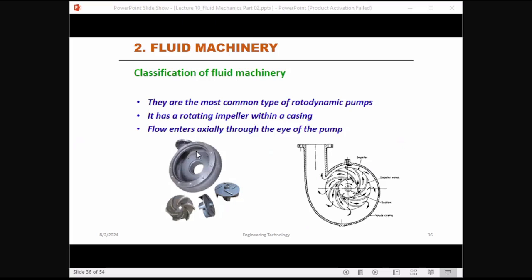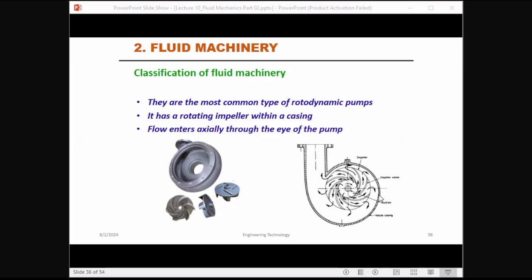Here you can see the casing and the impeller fixed inside. Flow enters axially through the eye of the pump. Flow enters from this hole and drains from this side.